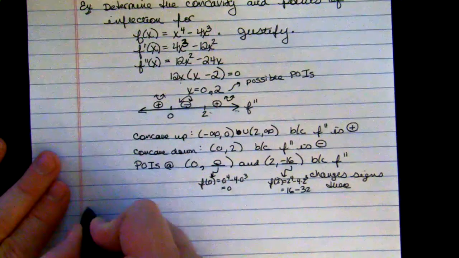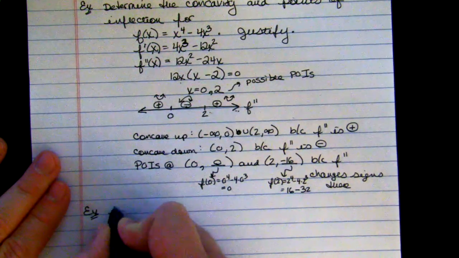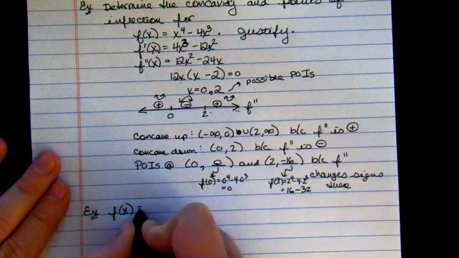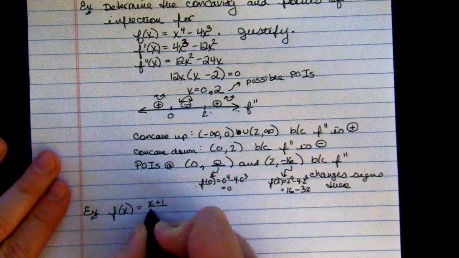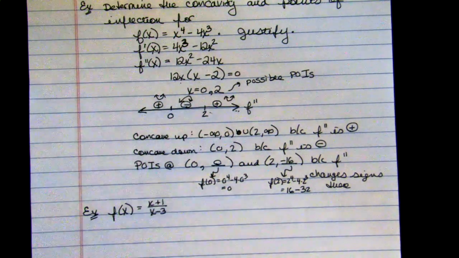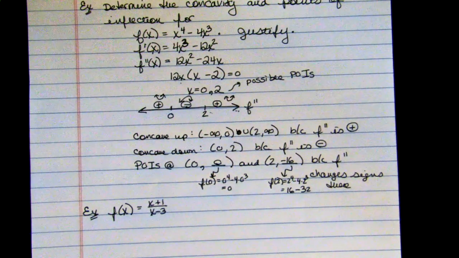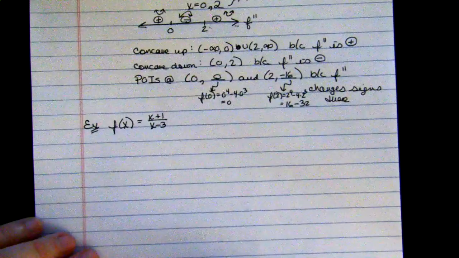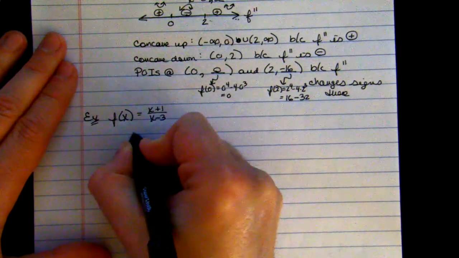Next one. f of x equals x plus 1 over x minus 3. Please go find the first derivative and then stop. I'm going to use the quotient rule to do this.